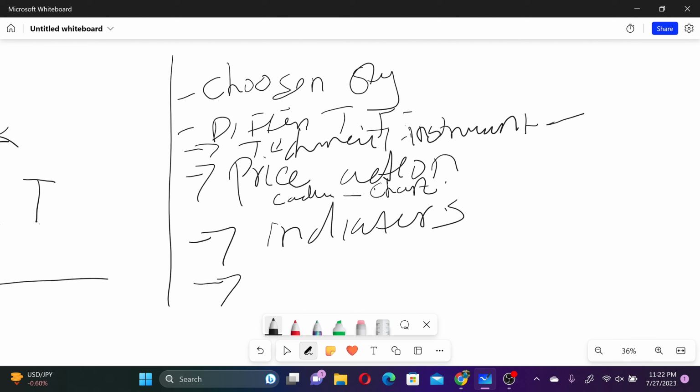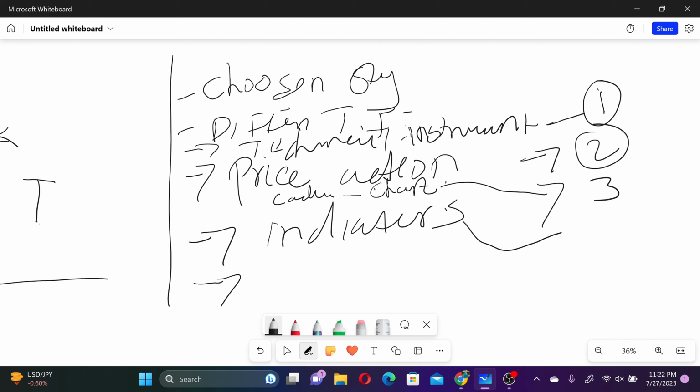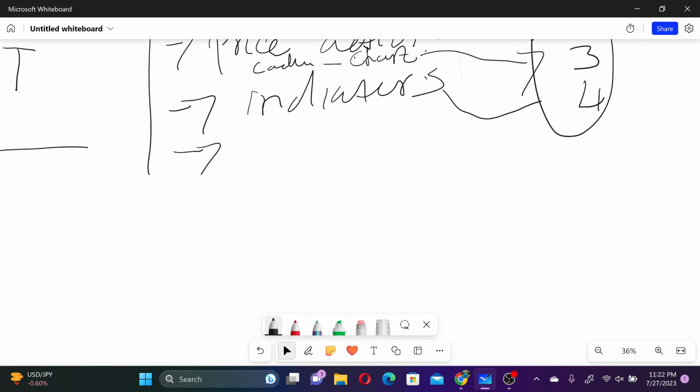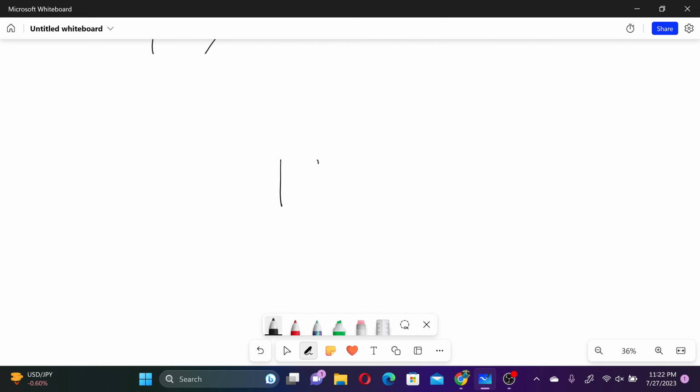Technical instruments like trend lines, that is number 1, a confirmation number 1. Over here we use the candlestick chart, that is number 2, to confirm the direction of the market. Candlestick pattern is number 3, and number 4 we will be using indicators. So imagine you have a combination of 1 plus 1 plus 1 plus 1, it gives you 4.